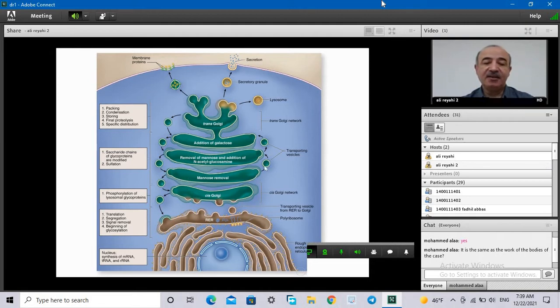You can see here this vesicle, called a transporting vesicle, which can transport the protein from the first saccule to the other saccules, for example. Some proteins help with this transport.